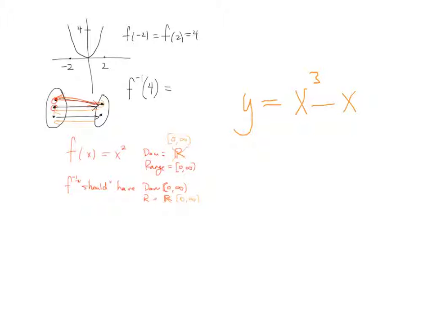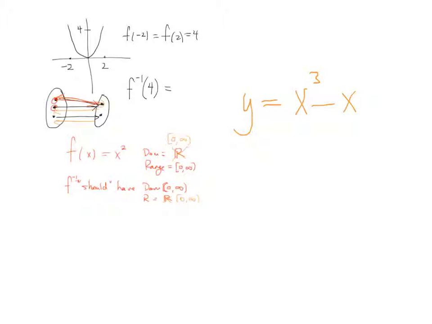First of all, do you know how to graph this? X cubed minus x? Where would you start? You would go down, I guess, however many x's are on the y-axis.